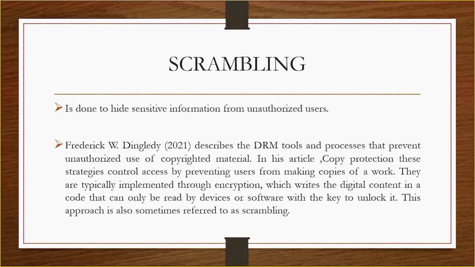This approach is also sometimes referred to as scrambling. So this strategy controls users from accessing copies that are not theirs. So digital rights management is designed to protect the rights of the copyright holder and prevent unauthorized modification or distribution. Most digital content creators use a variety of DRM strategies to restrict or control the use of their works.